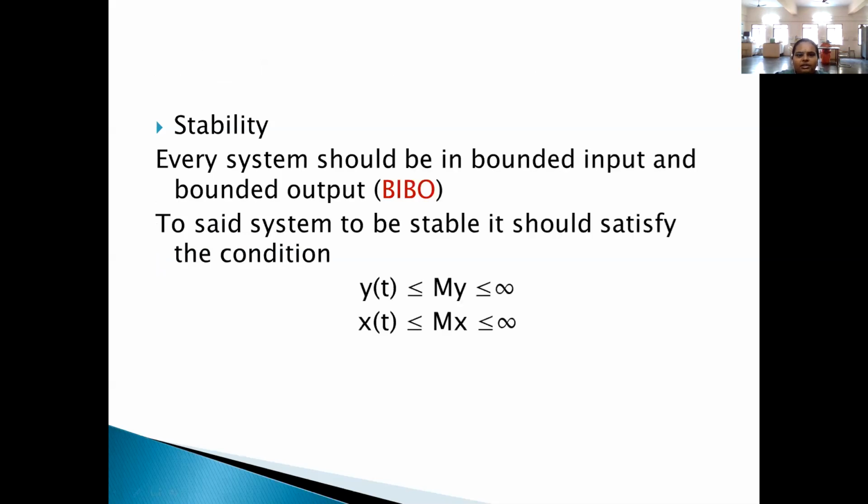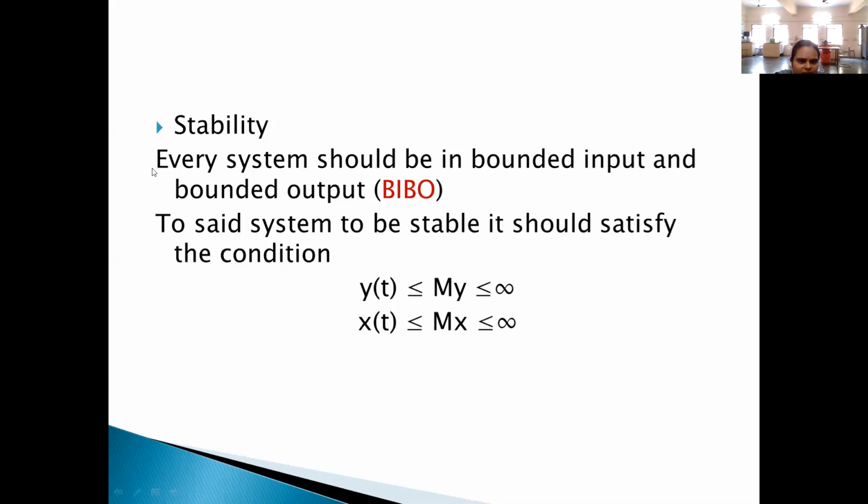When I am talking about stability, what do we mean by stable? Whatever system we are going for, we say it should operate in a stable manner. What does stable mean? Whatever we give as an input, you should get as the output what you expected. As a designer, you expect that if you give the inputs, you should get the expected output.